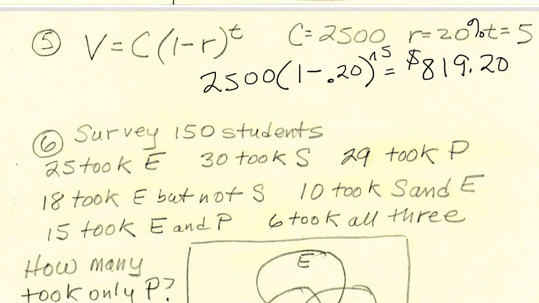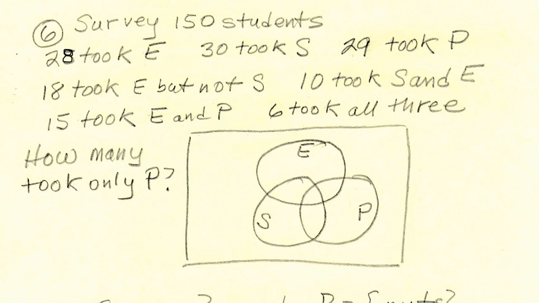Okay, going on to number 6, and I modified that a little as well. Looking for a strategy to do these, I had to modify the numbers a little bit. So again, survey of 150 students. So I could put that as a reference over there a little bit.